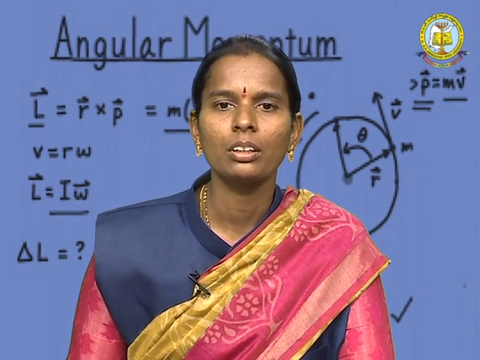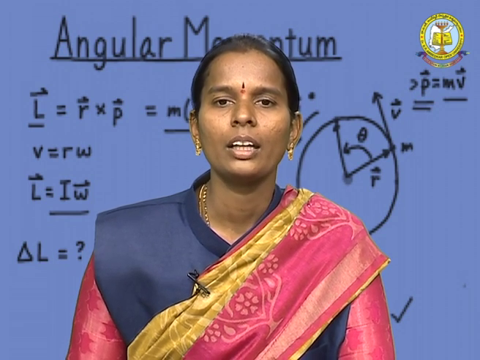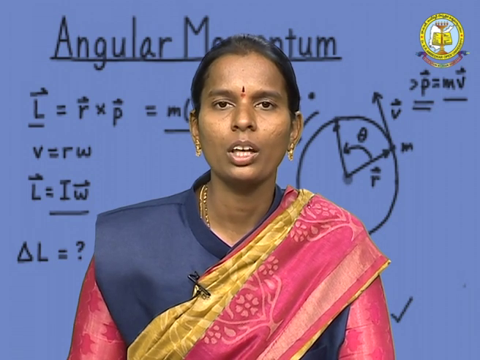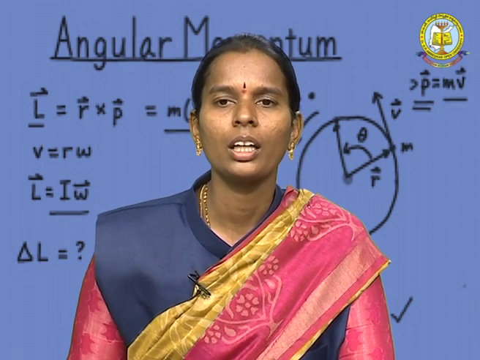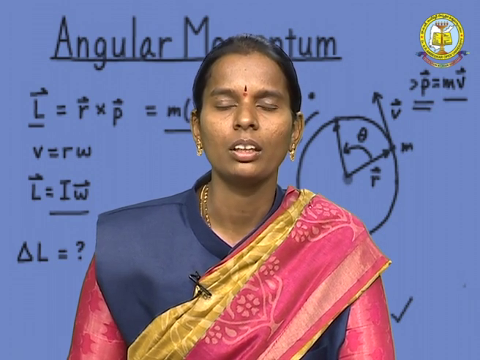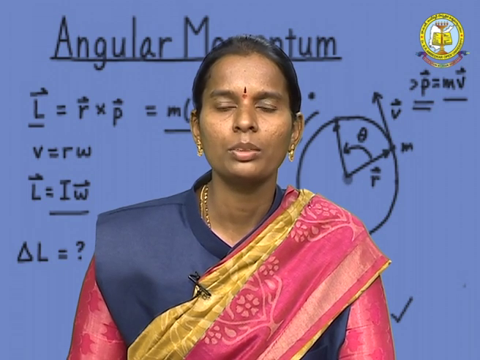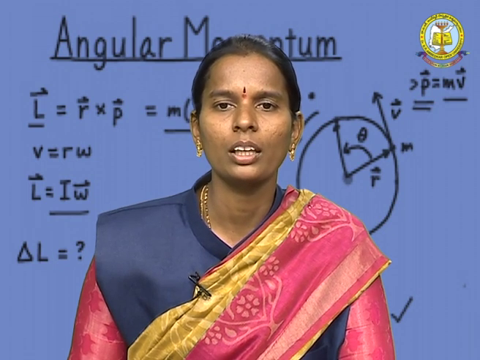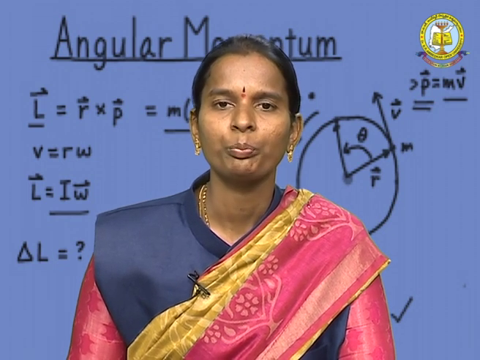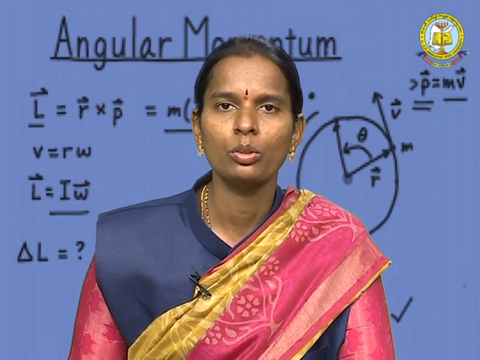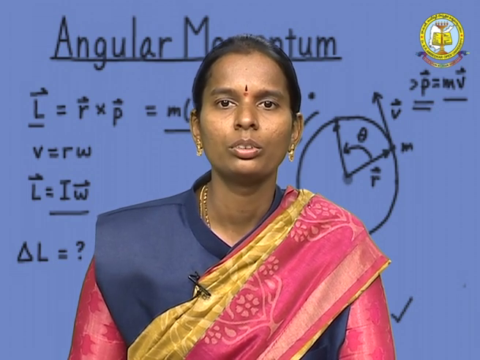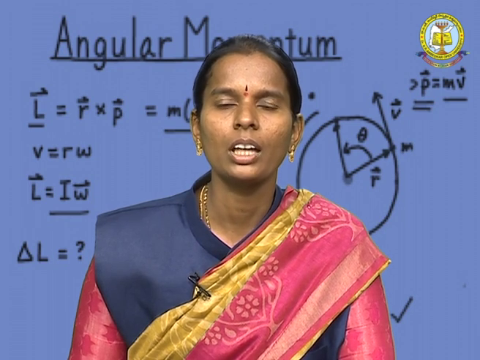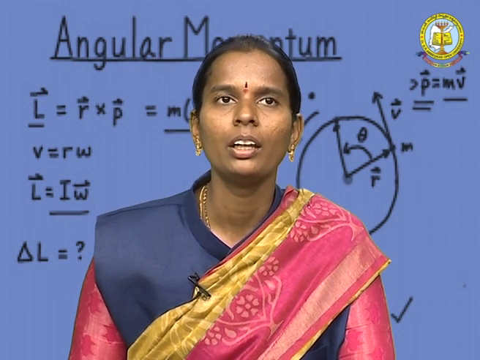Taking the vector product of r on both sides of this equation, r cross F is equal to r cross dp by dt. You can write torque is equal to r cross F. So substituting the torque value in the above equation, torque is equal to r cross dp by dt.